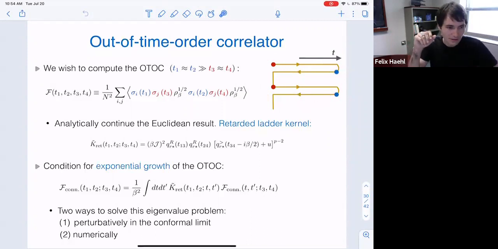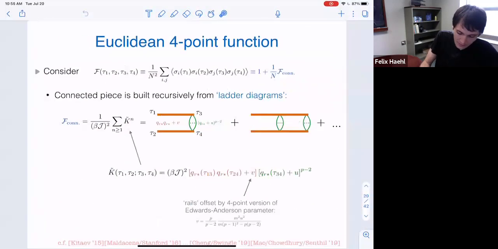Now, we're not going to compute the 4-point function explicitly, we just want to know the exponential growth: the Lyapunov exponent with which the connected piece grows. The condition for exponential growth is that adding one more rung to these ladders does not change the final result.